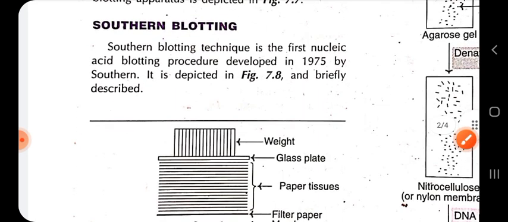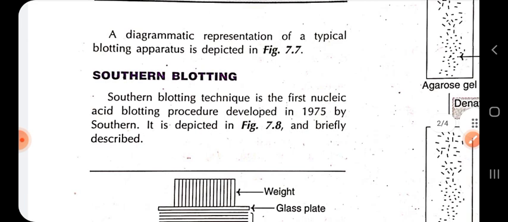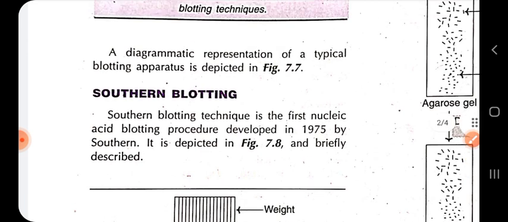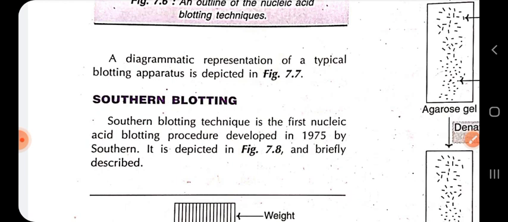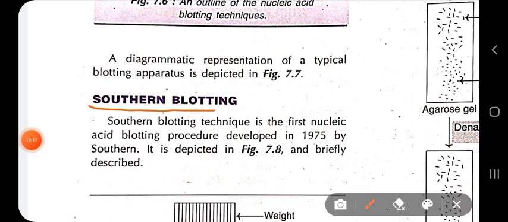So let us now discuss this whole blotting process one by one. The first one I will discuss is the southern blotting process. It gets its name from its inventor.